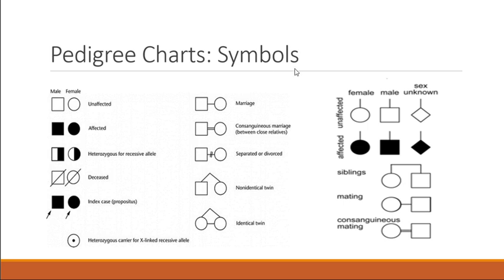Now here, this is one representation of a carrier person. Here in the square you have a half-filled box, a half-filled symbol. But in some cases you will also see a symbol like this. Let me draw it.